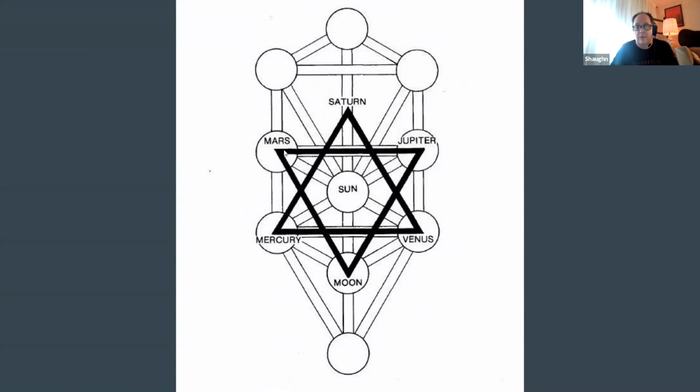So if you were to put it on the Tree of Life like this, you'd start in the corner of the hexagram of the Sephira of the planet for the first triangle, and then for the second triangle you do the opposite one.